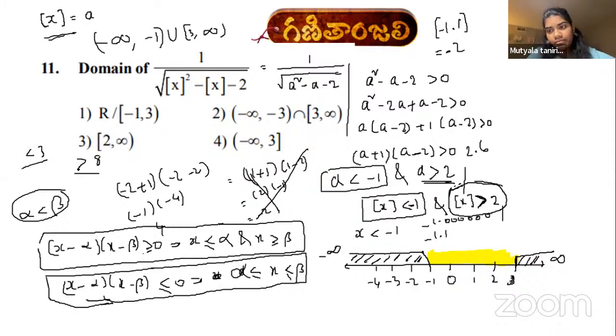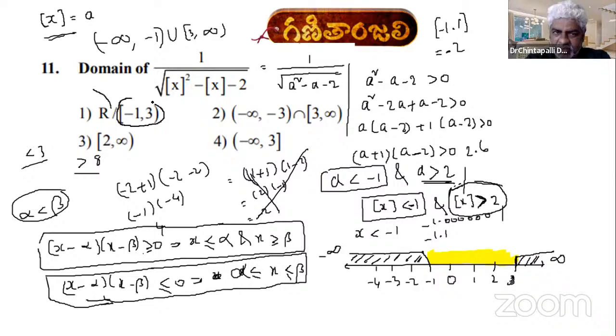So this is less than -1 and greater than 3, not between -1 and 3. So this is another symbol, called minus. From R, this is excluded. This is subtracted. So see, it is -1 to 3.